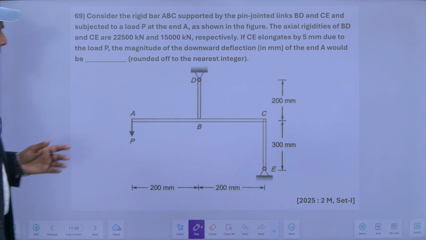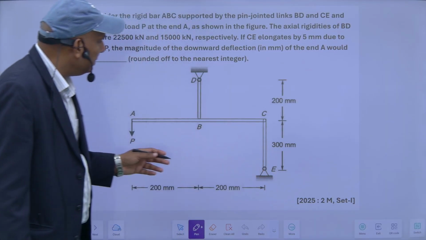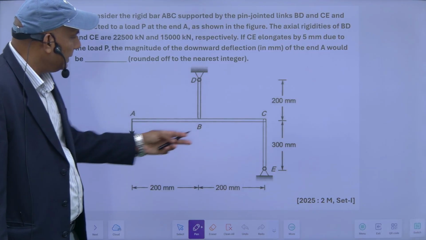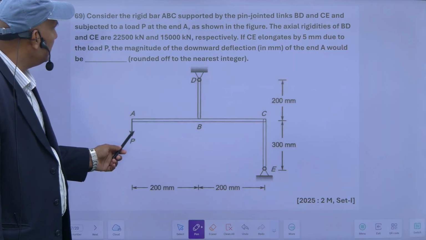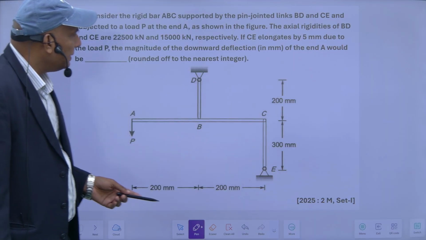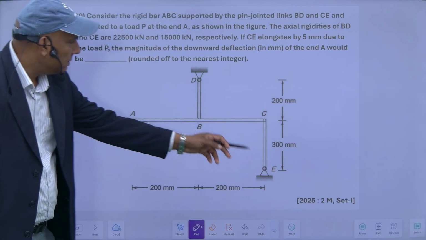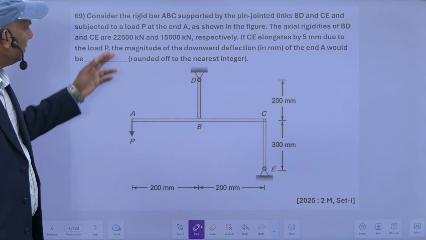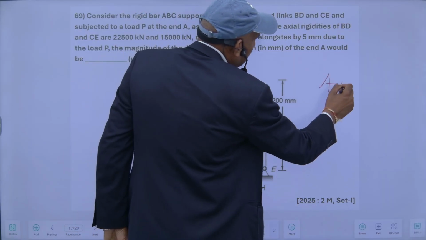Secondly, consider a rigid bar ABC supported by 3 pin jointed links BD and CE, subjected to a load P. The load is acting here at the end as shown in the figure. The axial rigidity of BD and CE are this one and this one. Axial rigidity means the value of AE.